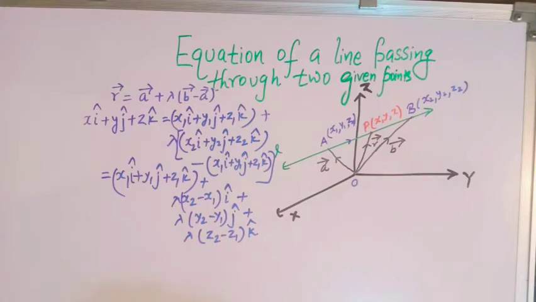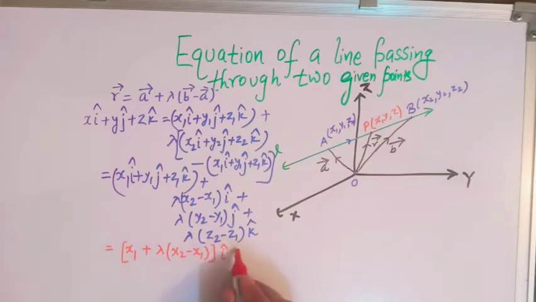Now here we have x1 i cap and here also we have i cap, so we can write x1 plus lambda times x2 minus x1 i cap.